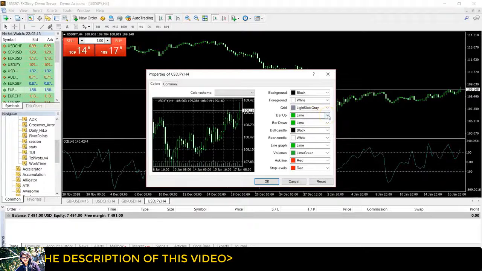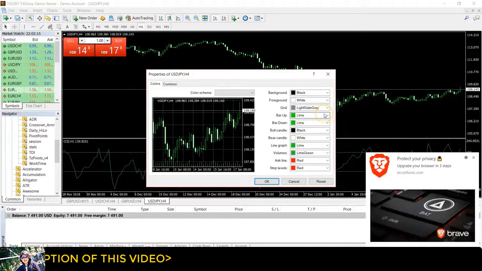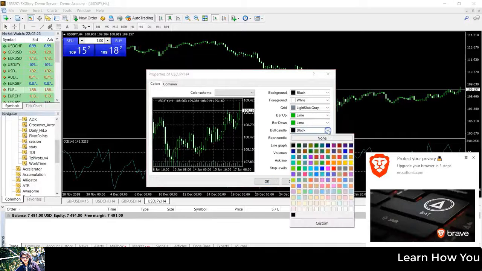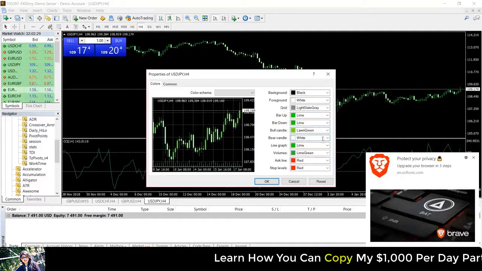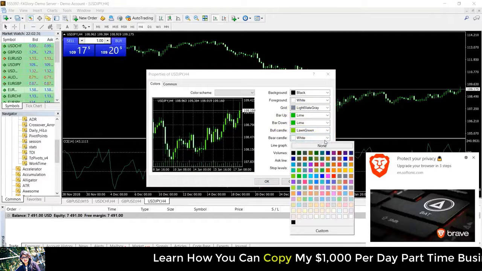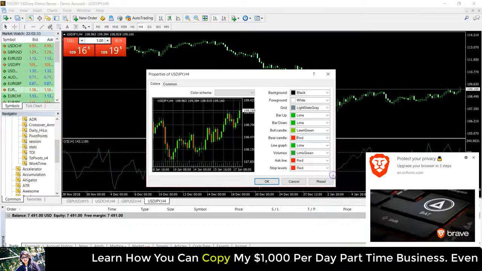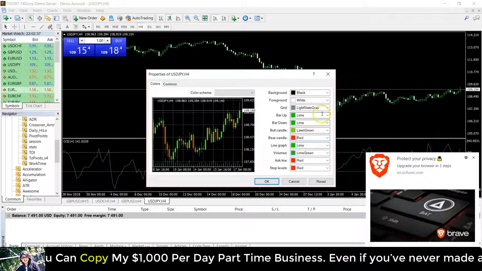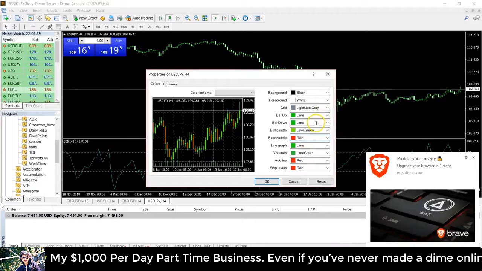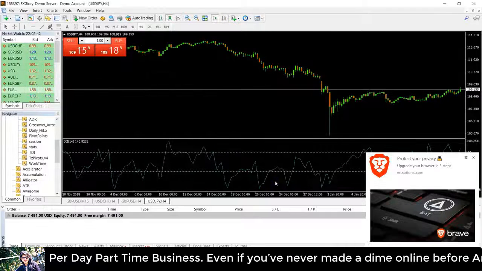The bull candle is black, so we want to change that to green. We'll do a lime green on the bull color, and the one that's white we want to change to red on the bear candle color. That should be good.